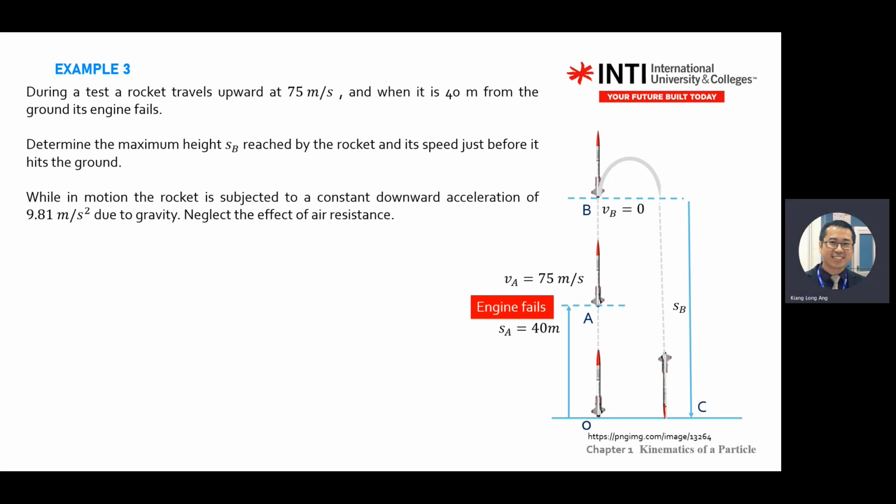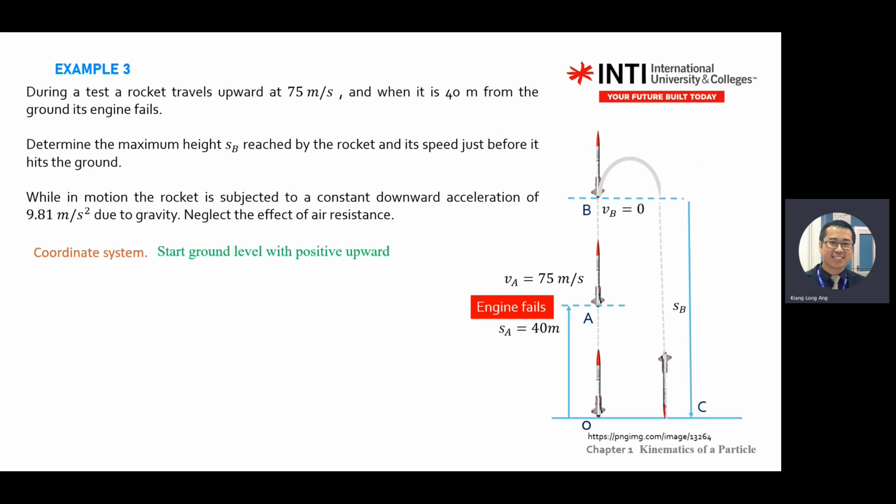So all this you need to develop in your solution when it comes to final exam, maybe in your test 1. You need to read the question, think, then draw. All these are represented by a dot because it's a particle. So how do you start? Always start with the coordinate system. Where is positive? Where is negative? In this case, we fix all the positions going up as positive.